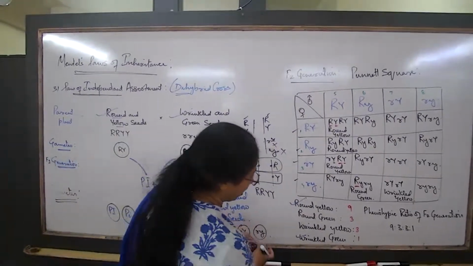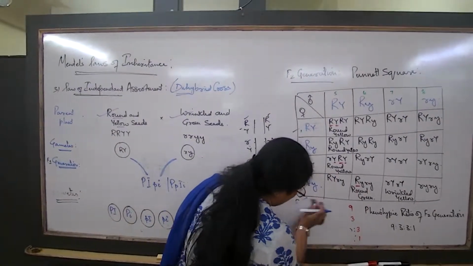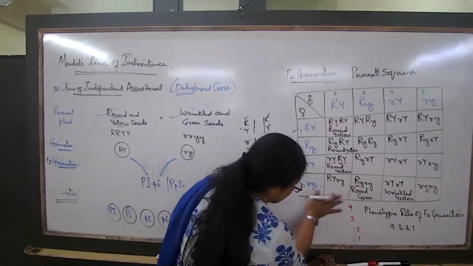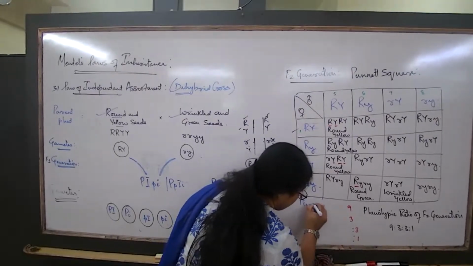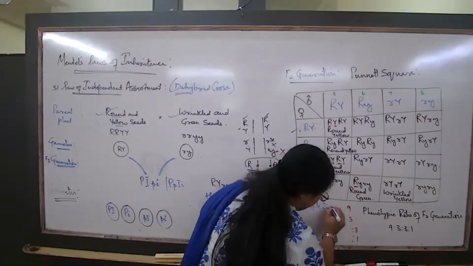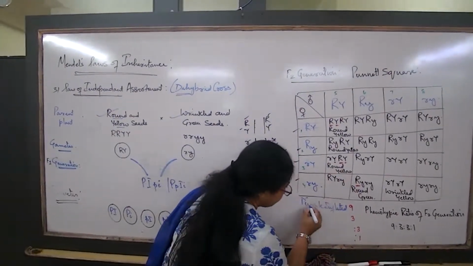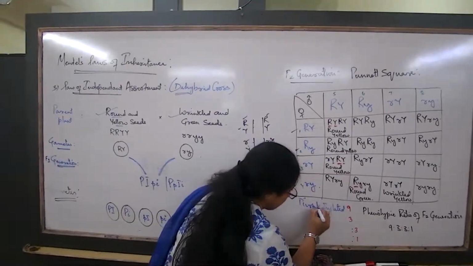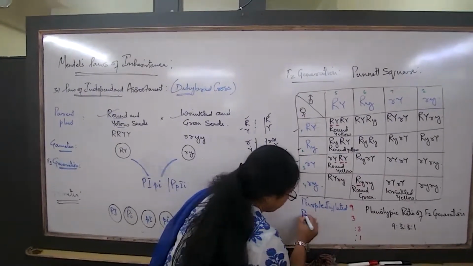If I have to write down what are the types of plants that you have got: purple and inflated, one type.